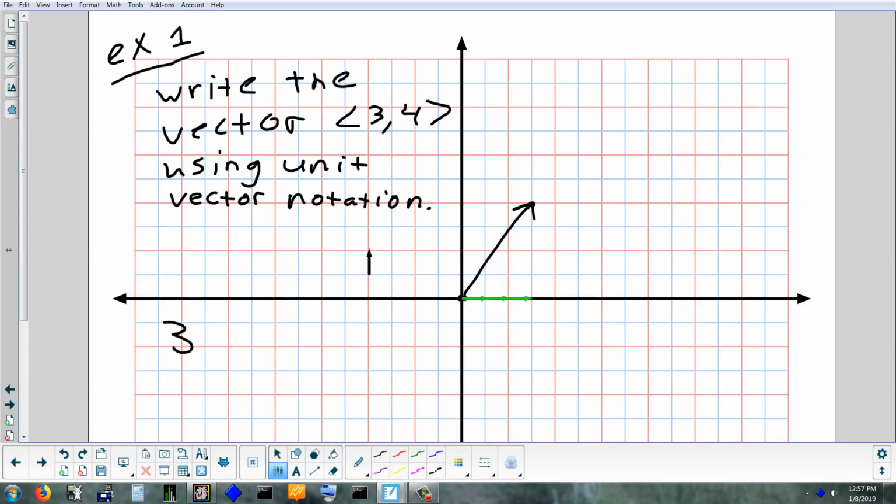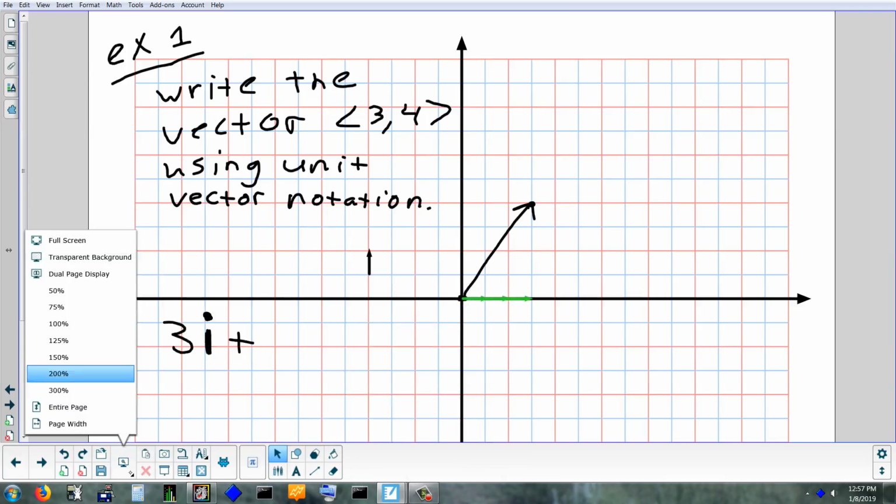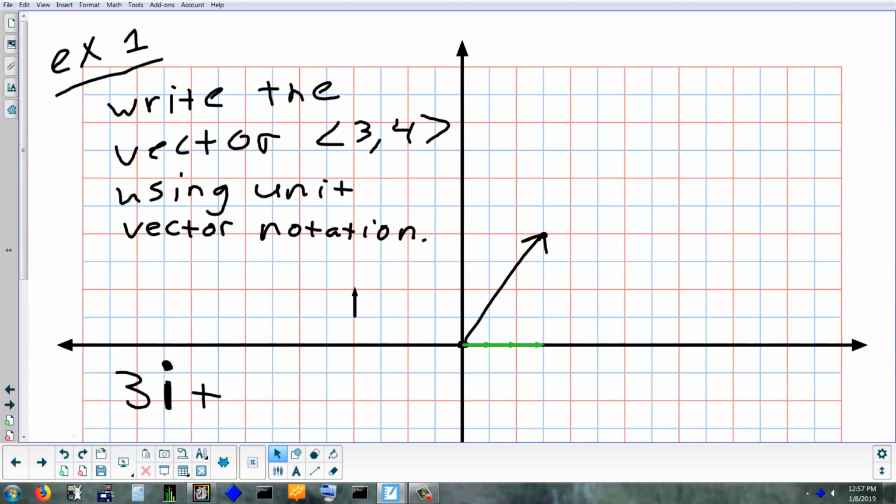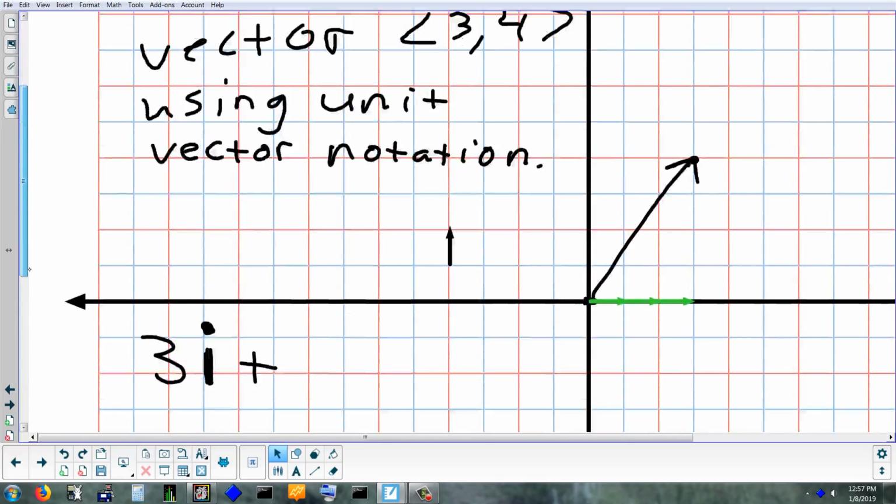So 3I plus, I'm not done yet. I'm going to put some more on the end of that. There's arrowheads on them, but it's kind of hard to see. Okay. How many J's am I going to need, starting from where I ended with the green ones to get up? How many? 4.